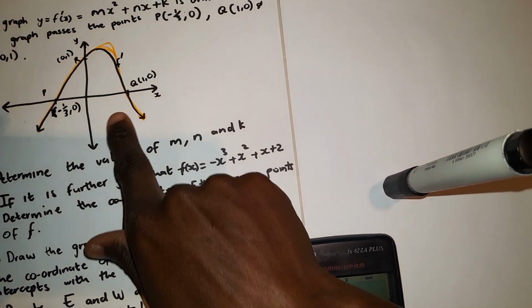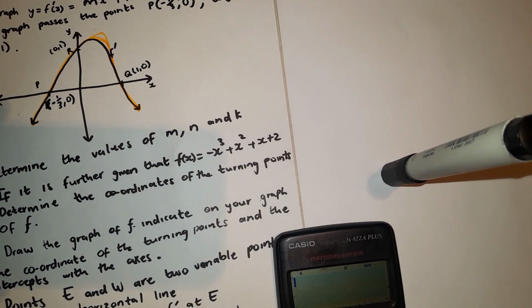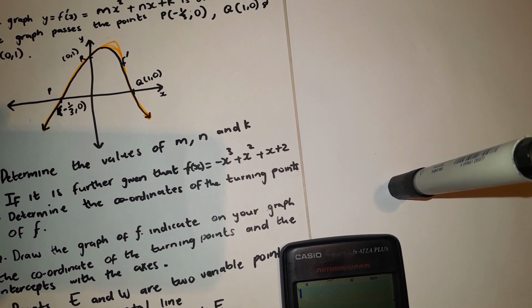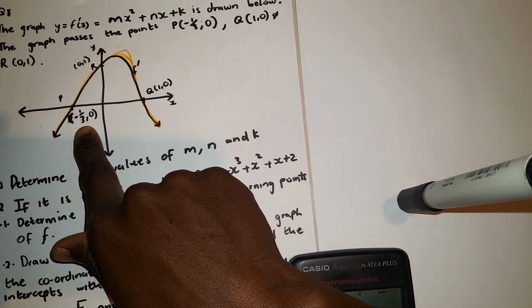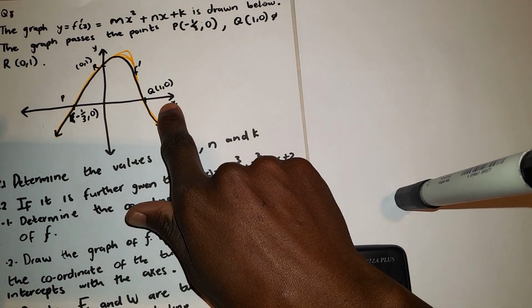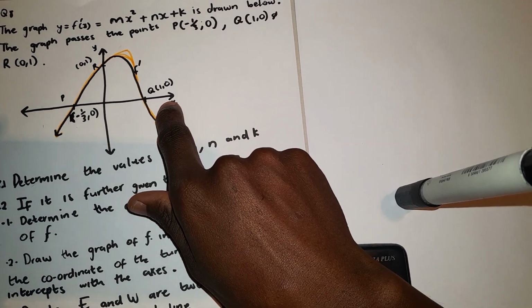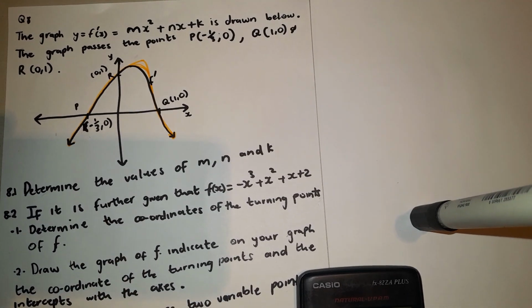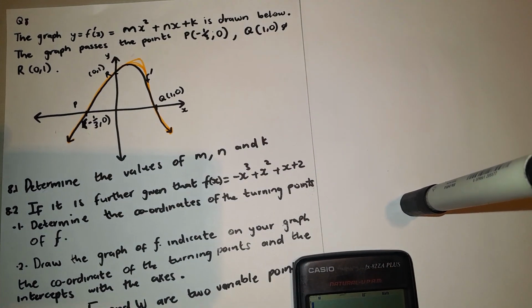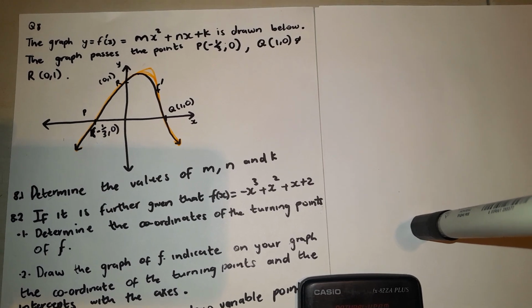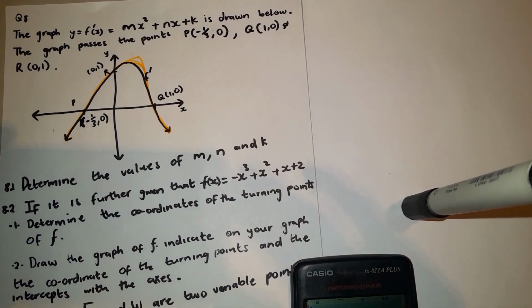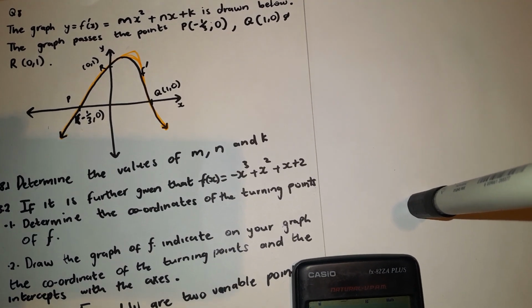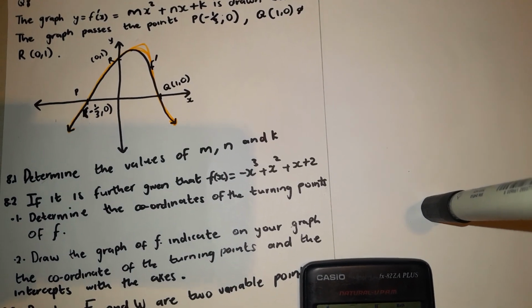The graph passes through the points P(-1/√3, 0) and Q(1/√3, 0), and these two are what? Very good, the x-intercepts. And we also have R(0, 1), which is the y-intercept. The question says, determine the values of m, n, and k.